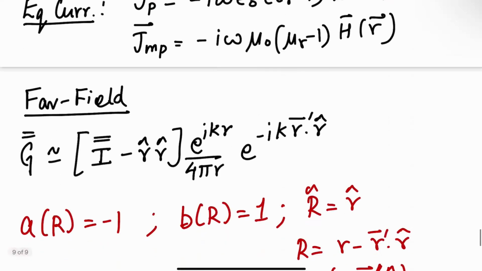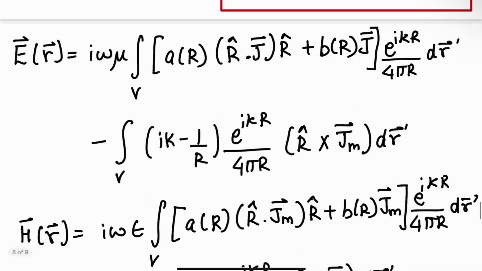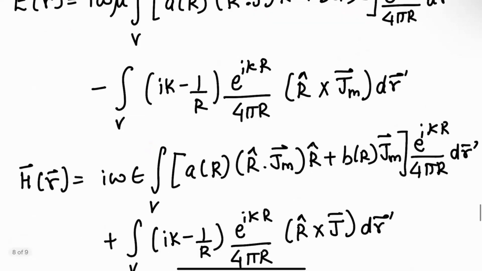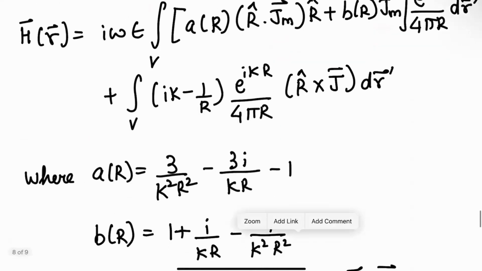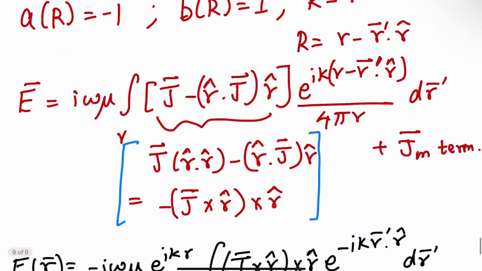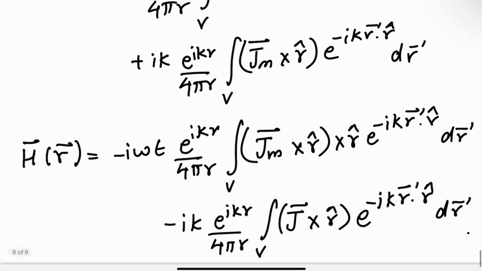So it's very useful to have, I would say, a code written out for these fields in terms of these currents. And maybe what I'll do after this is that I'll write out that code and provide it so that you can use it when you want to calculate the fields for a given current distribution. And that can be very useful for many problems in antennas, in scattering, and even in optics, right?